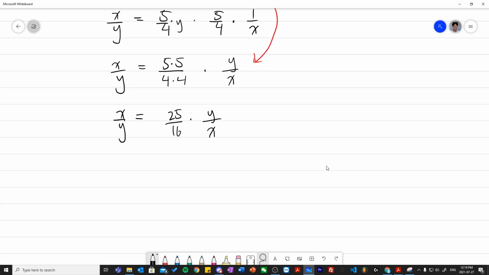Now we have this y over x here, and then x over y here, right? What we're really looking for is x over y, right? We don't want part of our question to be in our answer. How can we move this around so that we only have a number at the end?